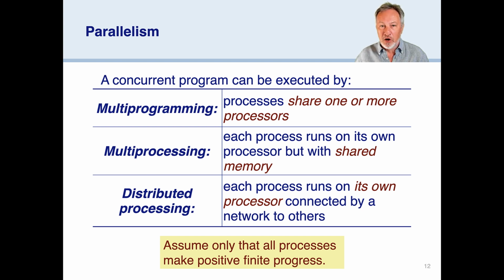Occasionally we'll touch on these topics, but that's not the main focus of this course. The main focus of this course is two things. One, design patterns that help us construct safe and live programs, and second, tools and techniques that help us reason about how programs can be safe and live.